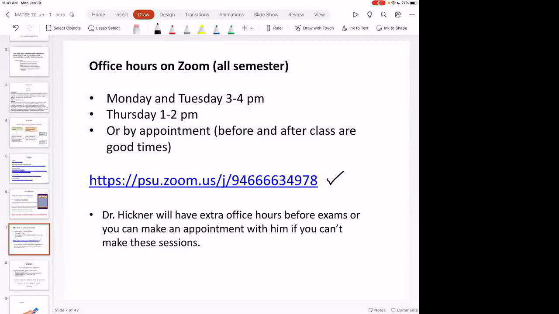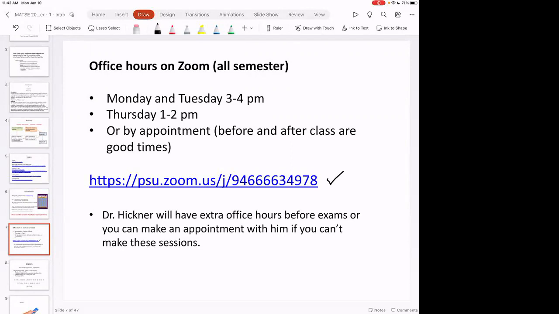Oftentimes when we start class, I'll say, are there any questions from last time or any questions on the homework? Boom, that's a great time to ask a question. Because if you have a question, especially concerning the homework or something you don't get from last lecture, everyone can hear it. So, make sure you take advantage of before and after class time too.